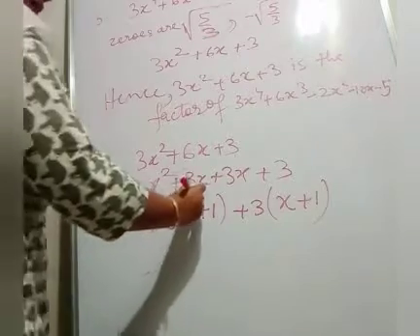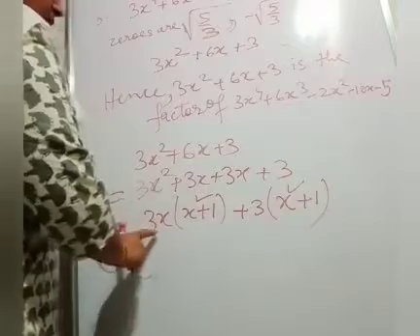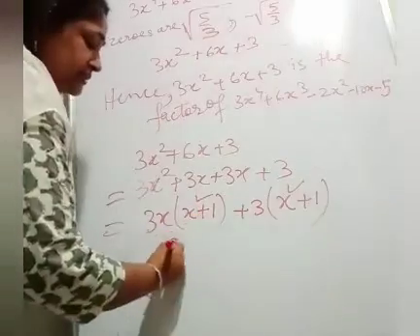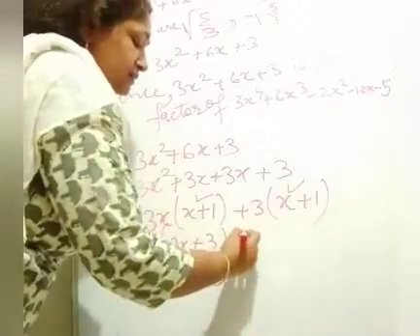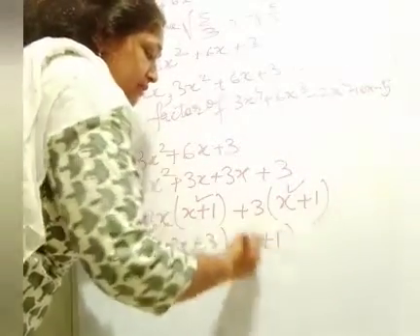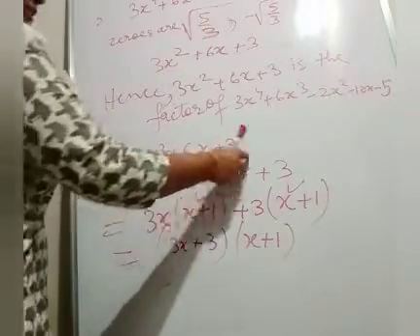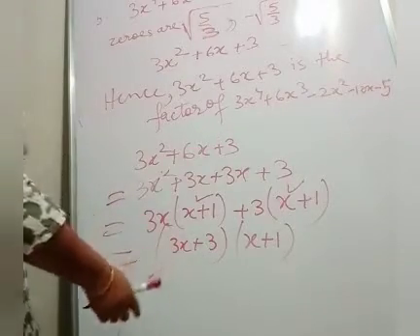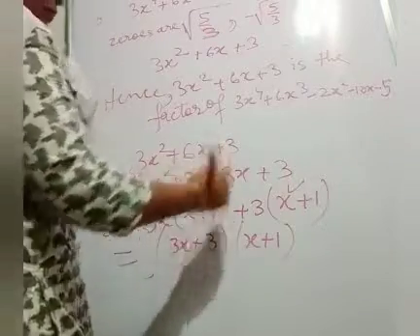So now x plus 1 and x plus 1 are the common, and from 3x plus 3, write 3x plus 3 in one bracket and x plus 1 as the common in another bracket. So what are the factors of this polynomial then? 3x plus 3 and x plus 1 are the factors of this polynomial.